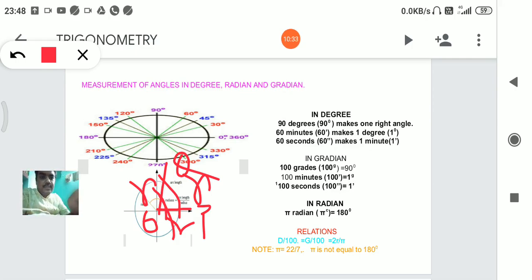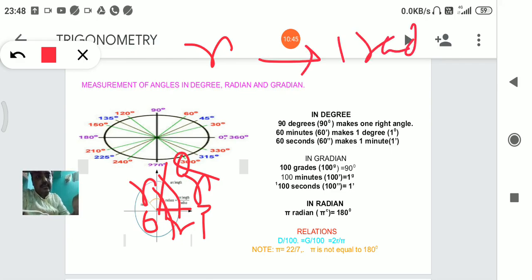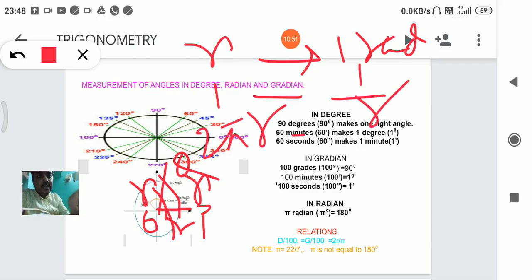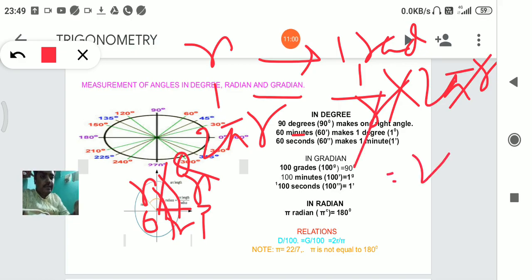An arc of length r subtends an angle of 1 radian at the center. So an arc of length 2 pi r subtends an angle of 1 by r into 2 pi r, that is 2 pi radian.